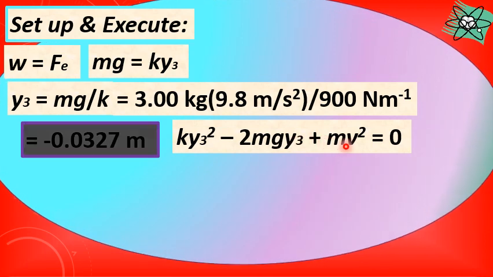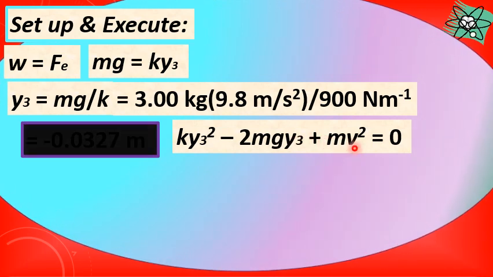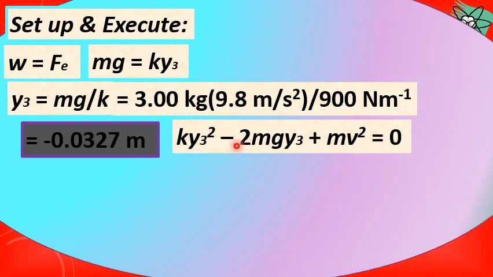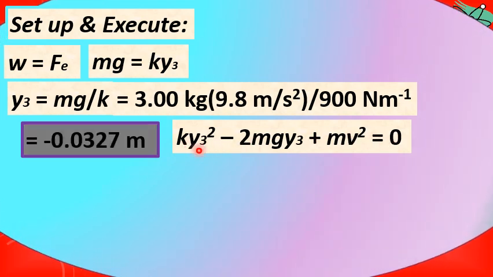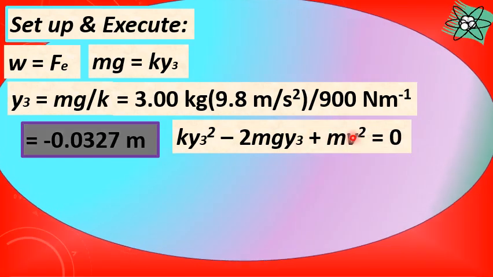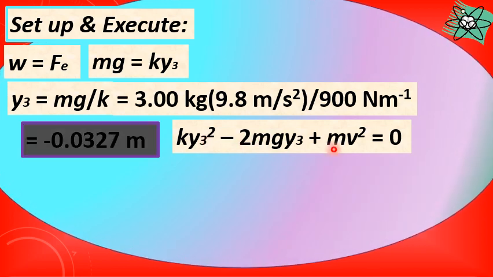And mv squared originally is 1 half mv squared. But to get rid of the numerical coefficient 1 half, we multiplied all terms by 2.